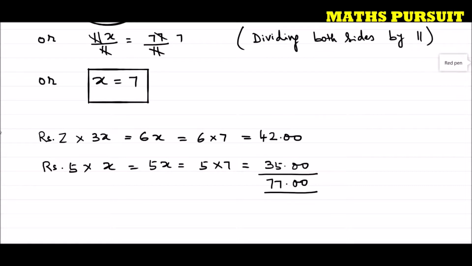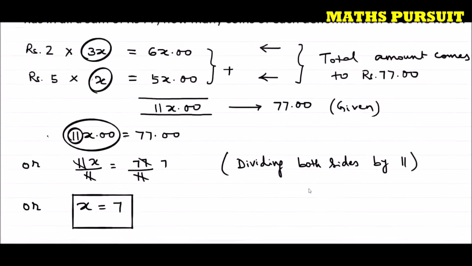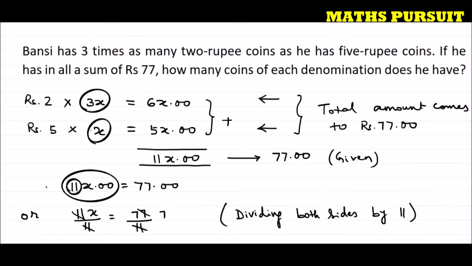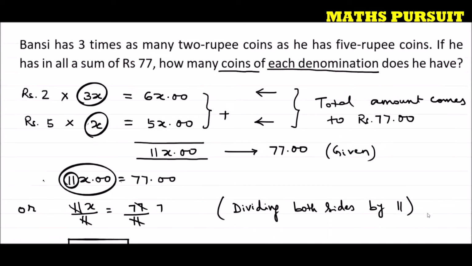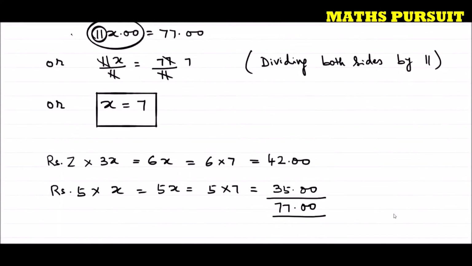Now let us be very clear and not get confused about what the question is asking us here. The most important thing, the question is asking us how many coins of each denomination Bansi is having. Now the question is asking about the denomination, not the amount.